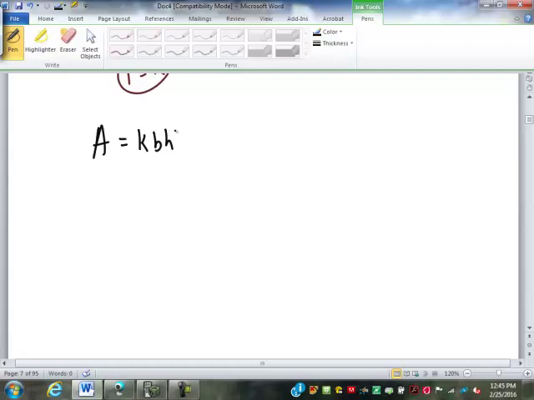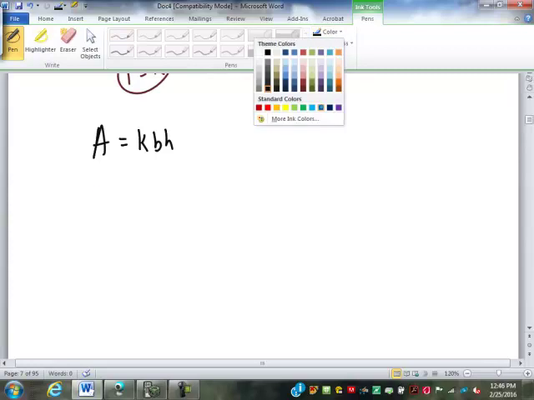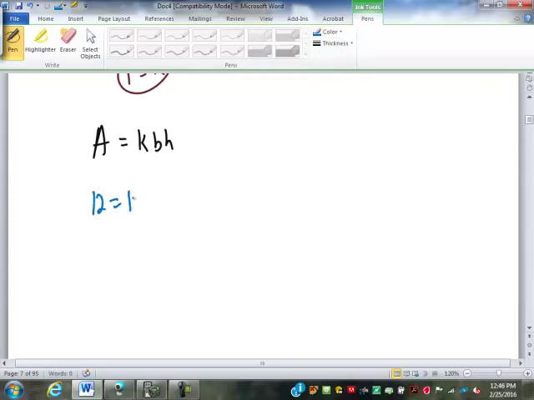So now then, what do they give us? The triangle is 12. Base is 3, height is 8. So 12 equals K times 3 times 8. So 12 equals K times 24.